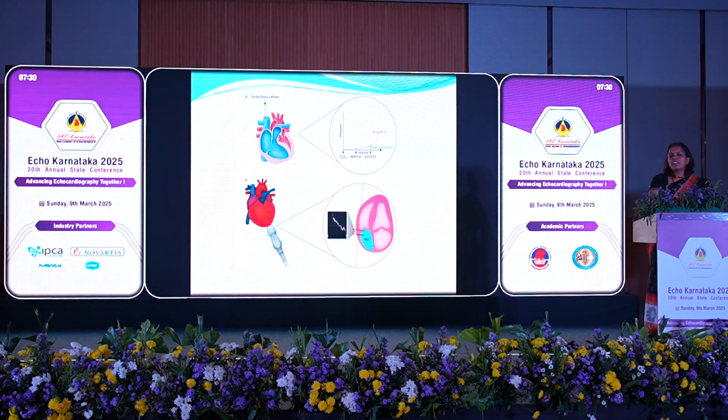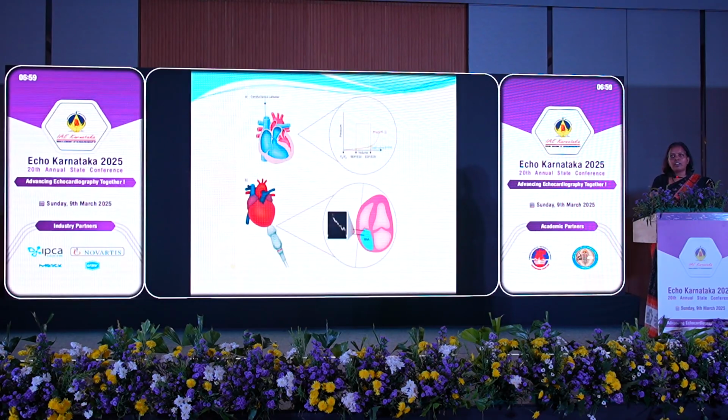And RV end-diastolic elastance is supposed to be the gold standard marker for RV diastolic dysfunction, which I don't think we are measuring. But if echocardiographic parameters can act as a surrogate for RV end-diastolic elastance, they could help us prognosticate, is what these researchers proposed. And they found one surrogate marker, that is RV S prime to RA area index.